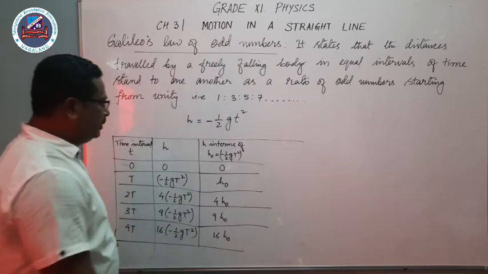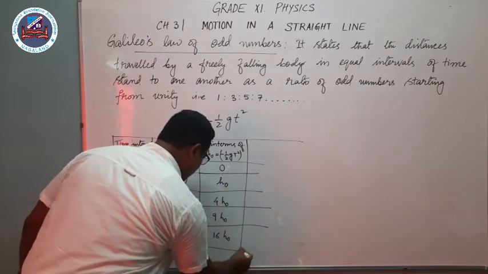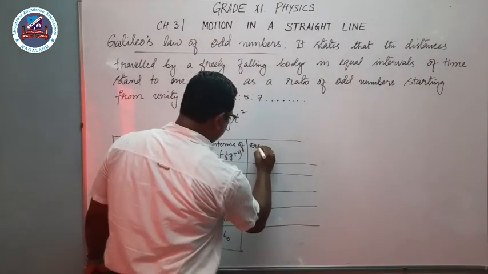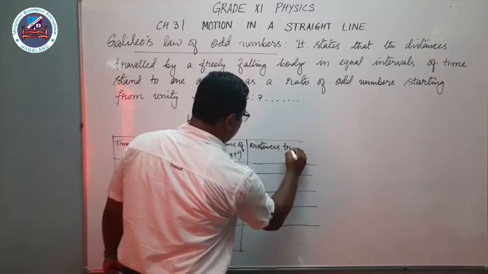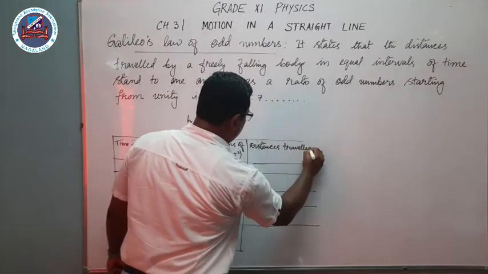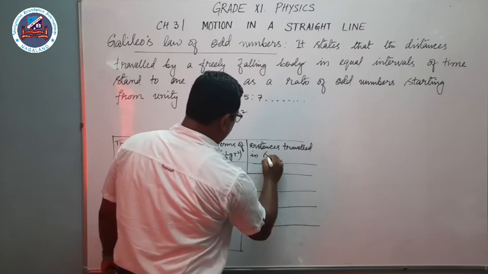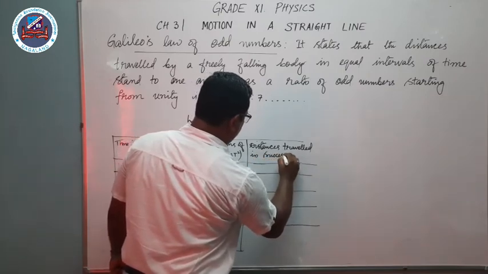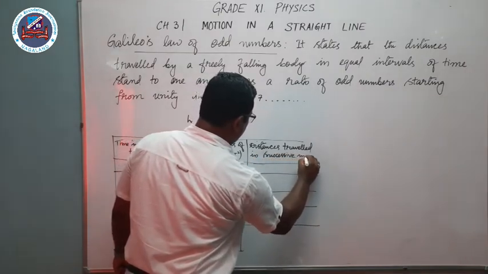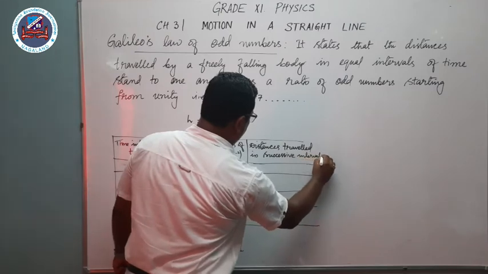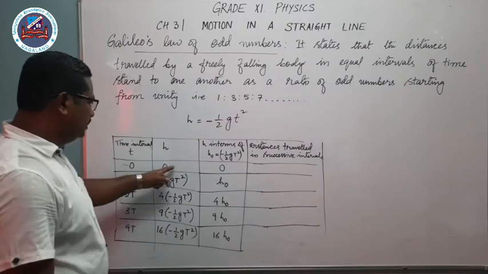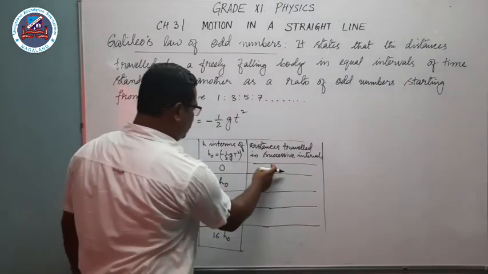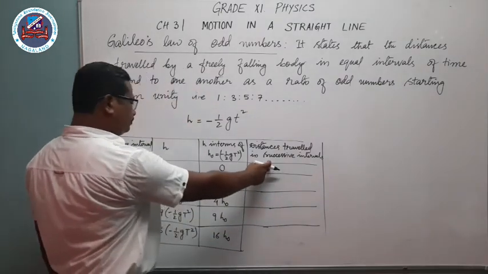Now if you take their ratio in successive intervals, the first is the starting point, so no need to write any value here.